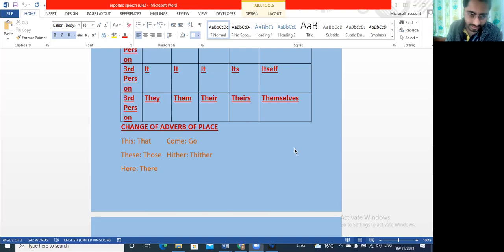Most often, here in reported speech, indirect speech: what is the indirect form of this, that? What is the indirect form of come, go? Now let's talk about this verb. When we deal with come in direct speech, it is usually used for the case of the tense except simple present and simple future.